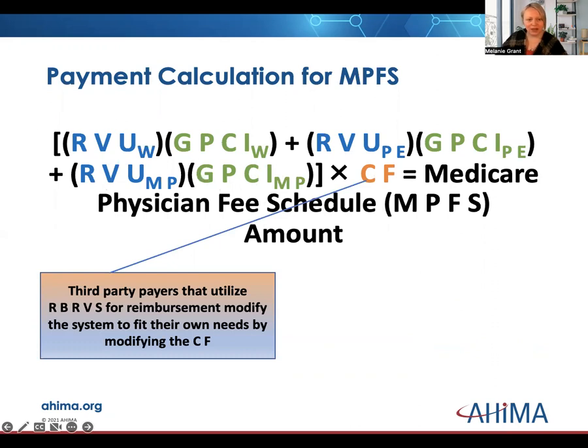So we have those little brackets there. So this is basically saying this number times this number plus this number times this number plus this one times this one. All of this calculation, and then multiply it by that conversion factor. So it's a lot of multiplication, and algebra really does come in handy here. If you ever told your teacher, I'll never use it in the real world.